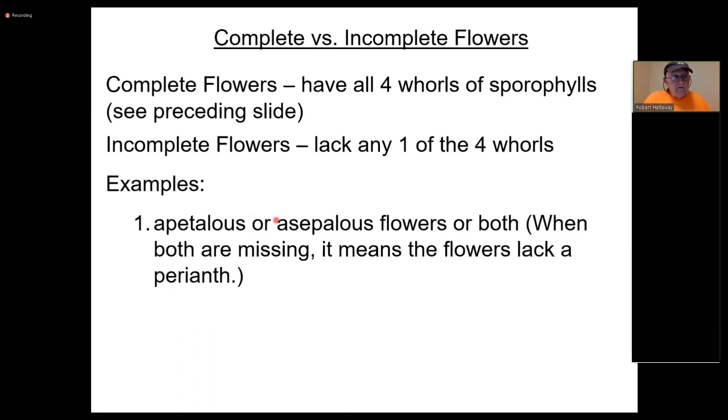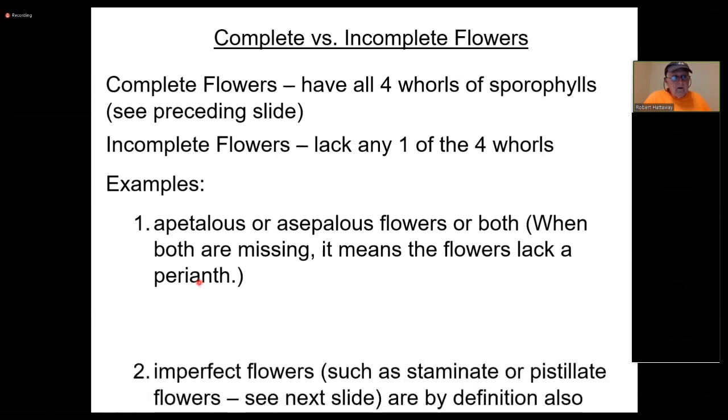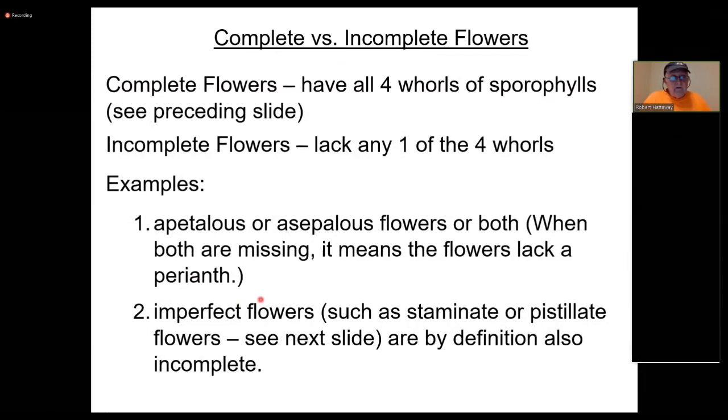Now, apetalous or asepalous flowers, or both. When both are missing, it means the flower lacks a perianth. Well, that makes sense. And then imperfect flowers, such as staminate or pistillate flowers, see the next slide, are by definition also incomplete because they lack at least one of the whorls.